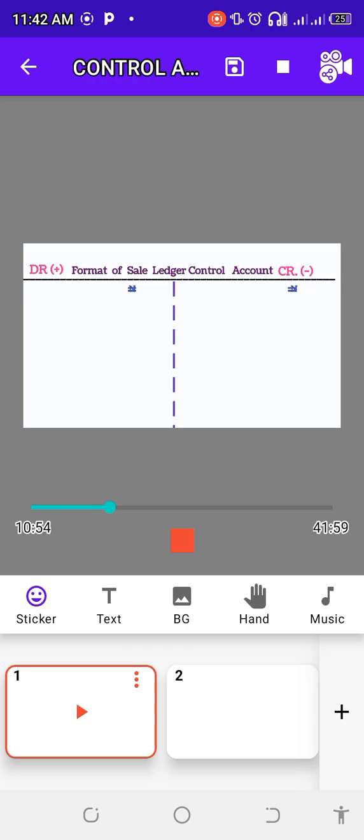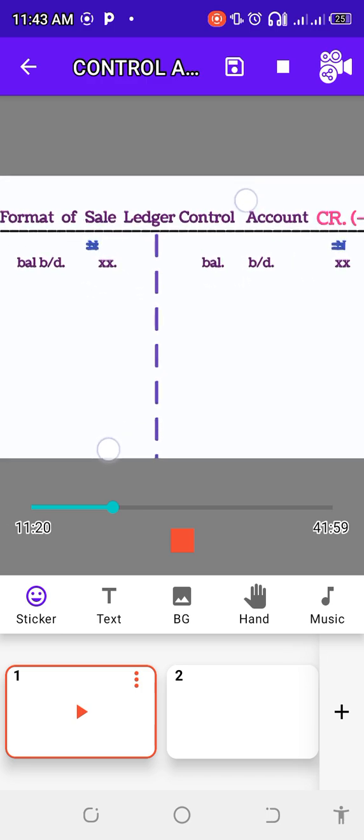Now, the first thing that we bring into this format is the balance brought down, if any. If there's any balance brought down from the previous period, it will be brought here on the debit side, because asset accounts take their opening balances on the debit side. And you can also find a balance brought down on the credit side of this account.